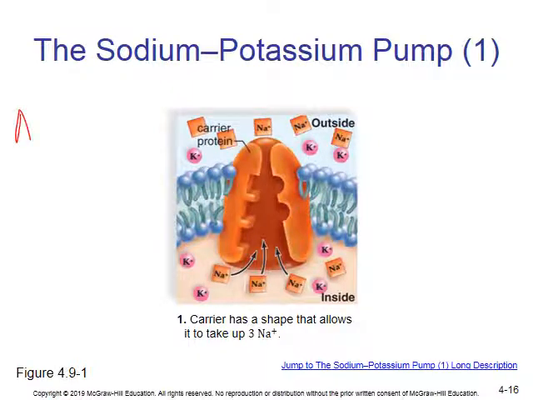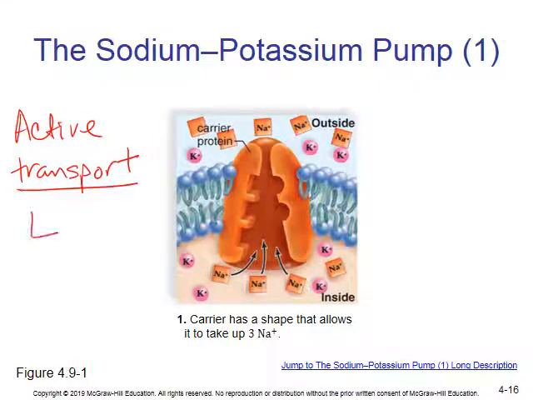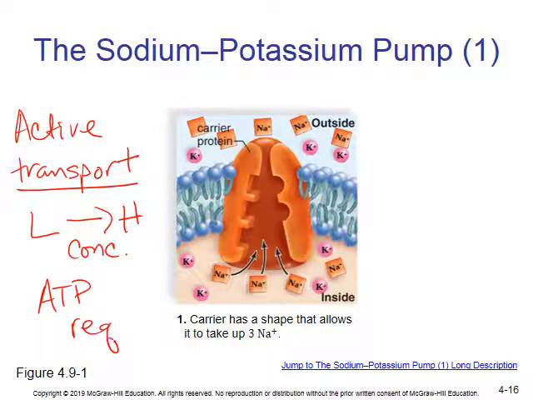So this is our first example of active transport. The other two, those were passive, no ATP. So active transport, we're moving from low to high concentrations, and ATP is required. This would be an example of protein assisted.